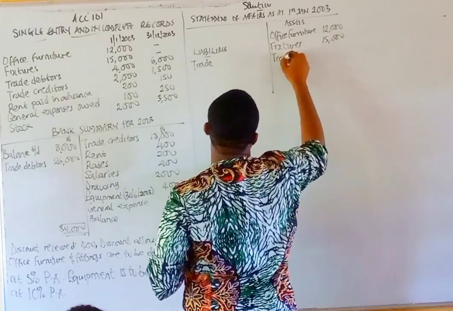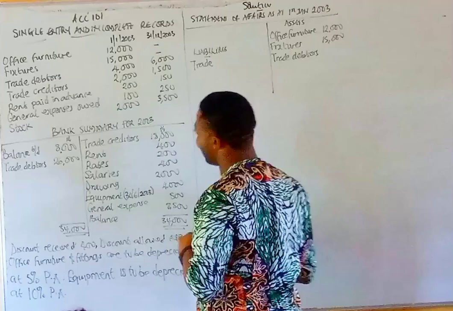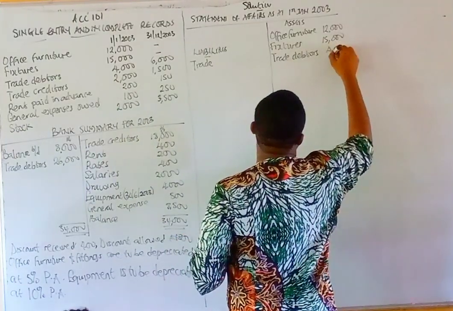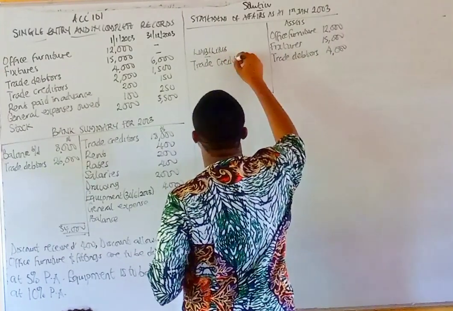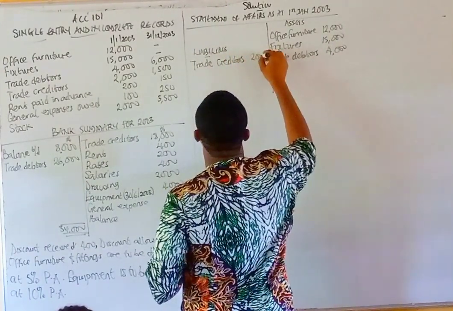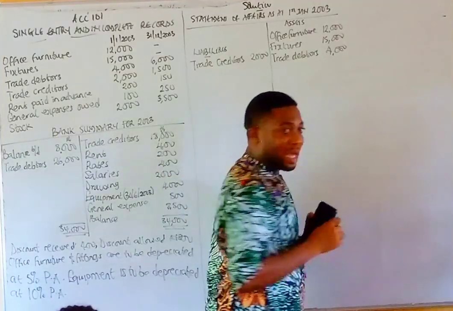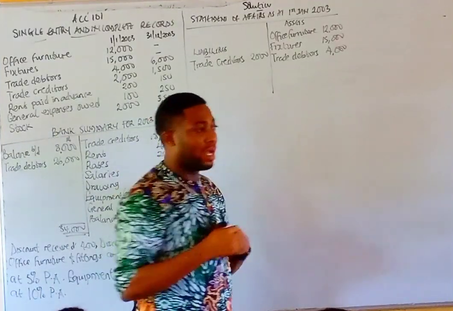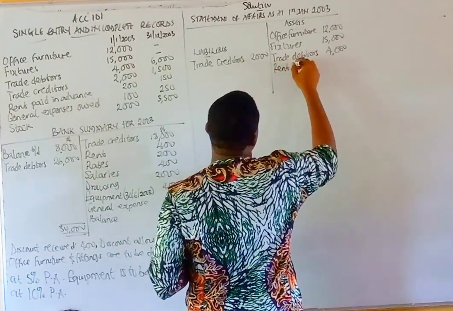You need to say yes. How much? 4,000. 2,000. Is it liability or assets? Assets. Okay. Rent in advance.